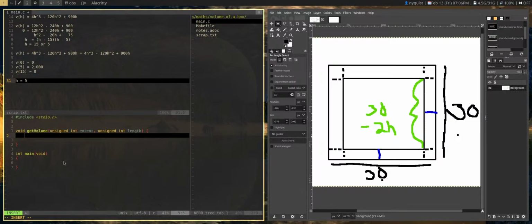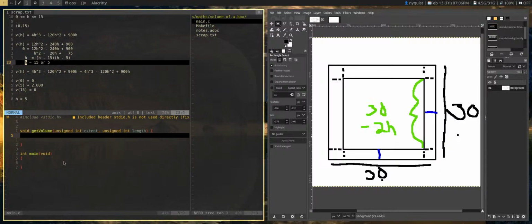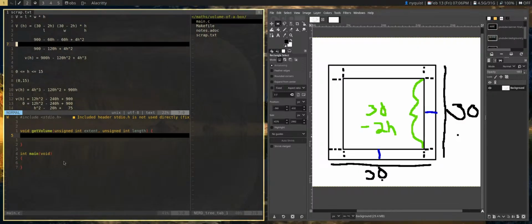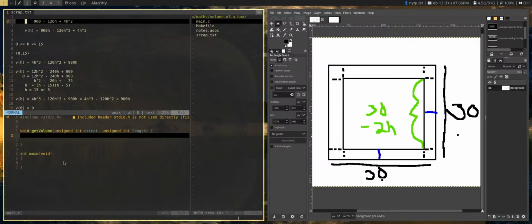So in this case, if we want to solve for this, we already have the equation up here for our volume. Where's it at?